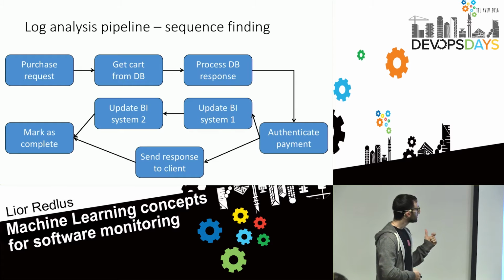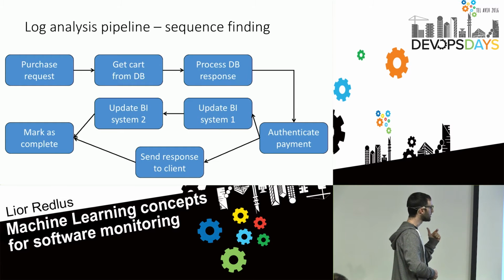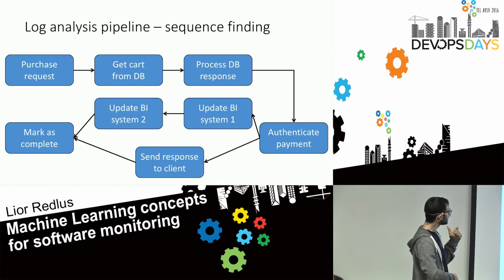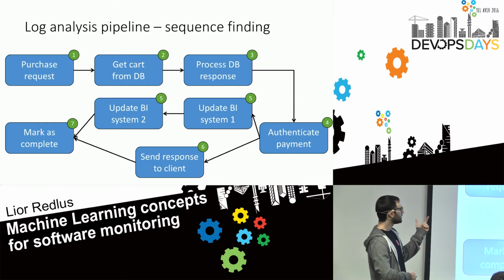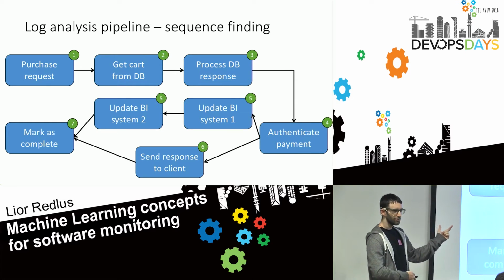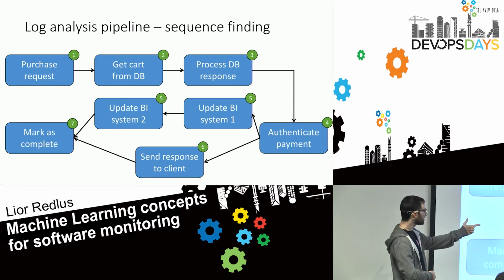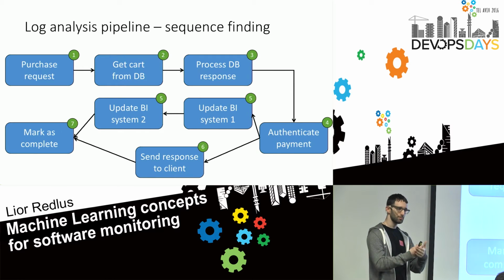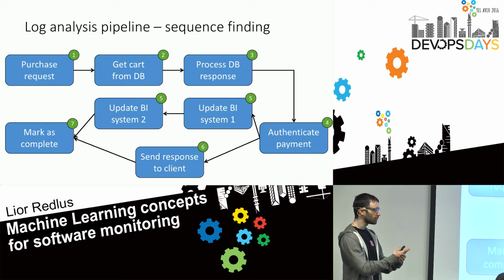Following the template search that we've defined in the beginning, we actually have here not 8 but 7 different kinds of logs, because update BI system 1 and system 2 is actually a very similar log that is just reported in the same way.